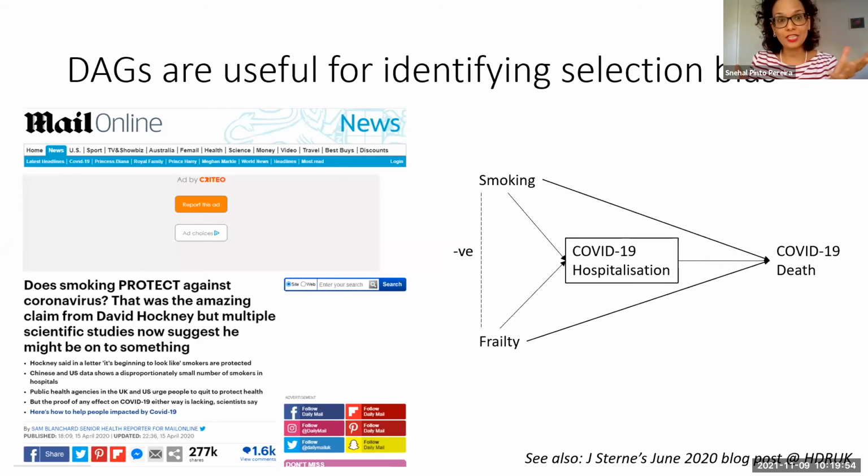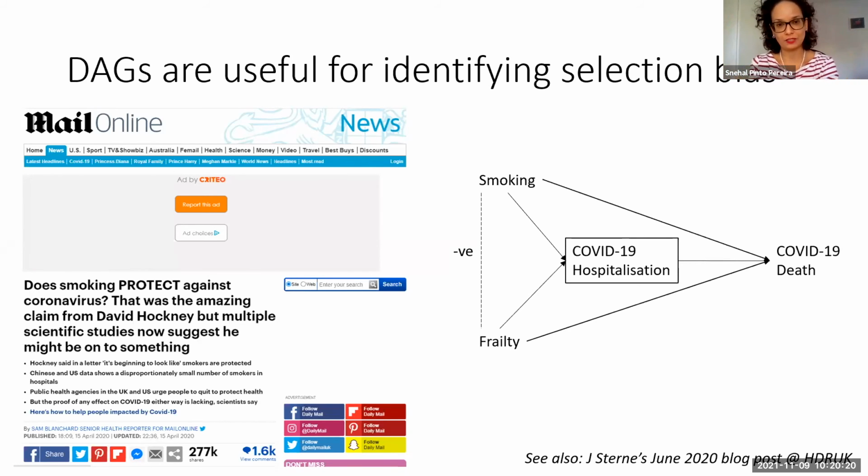In the general population, there's no relationship between IQ and athleticism. But in the subsample of people who have gotten scholarships to American universities, if you're super clever, you're not going to be super athletic, or if you're super athletic, you're not going to be super clever. So there's a spurious relationship in a subset of the population that doesn't reflect the general population.